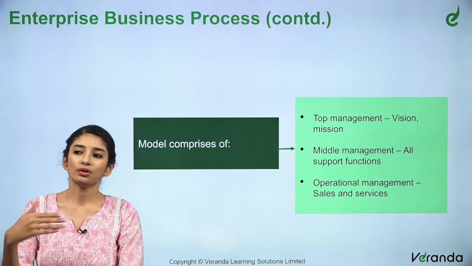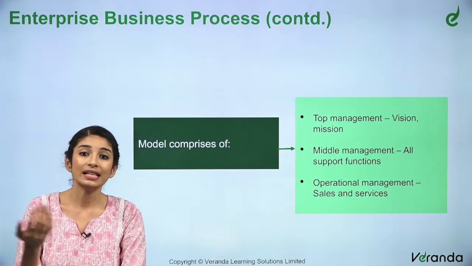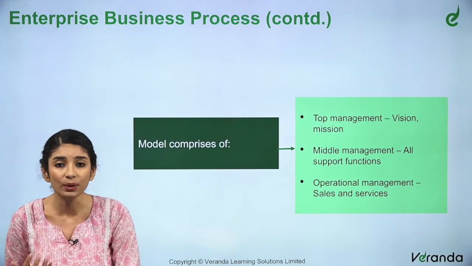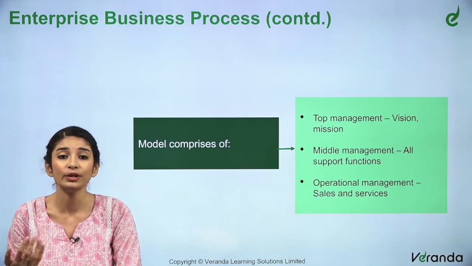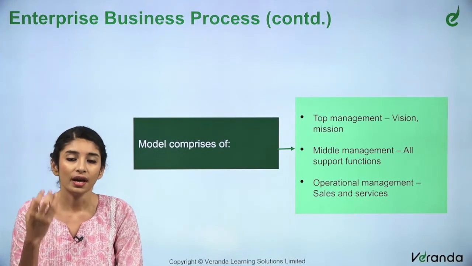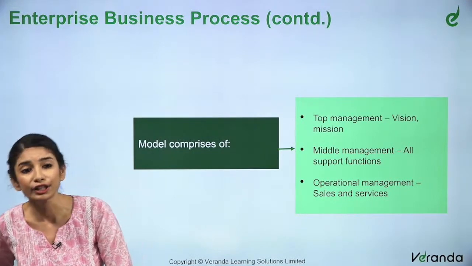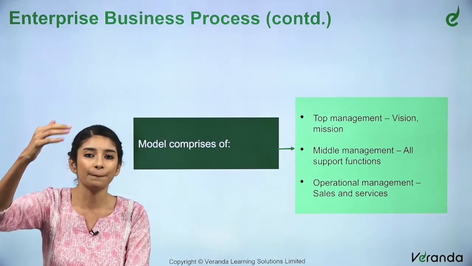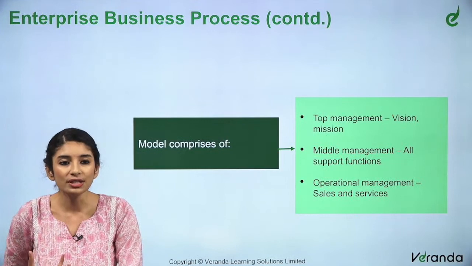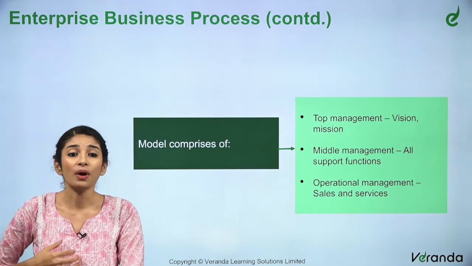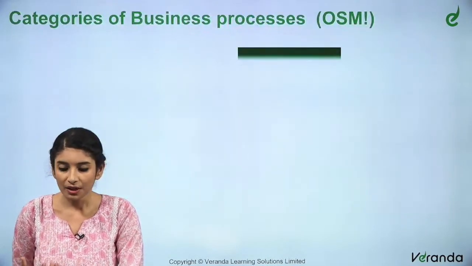You walk in, you have the sales people there who interact directly with the customers, who provide value to the customers. Now, they are known as the operational level, who actually execute the strategies framed by the top management. Clear? So operational level are the people who actually provide the benefit to the clients.